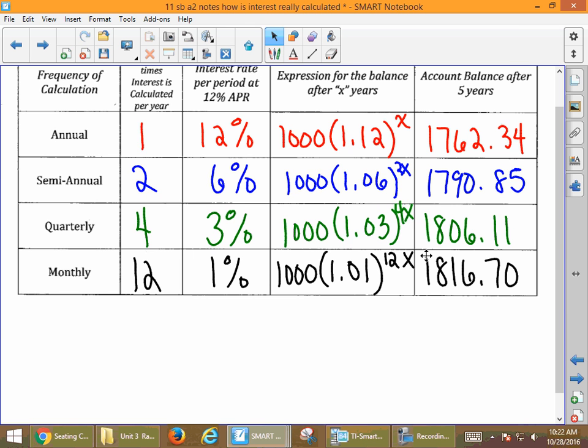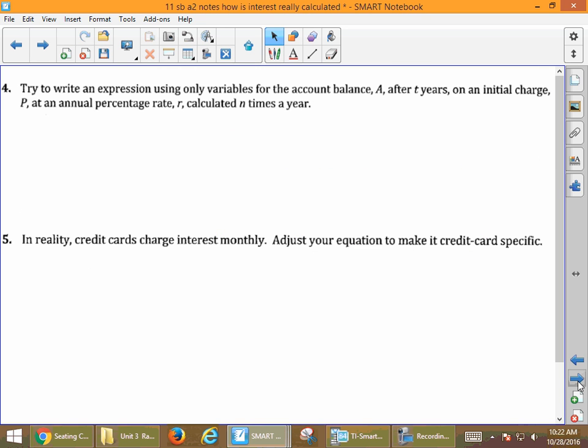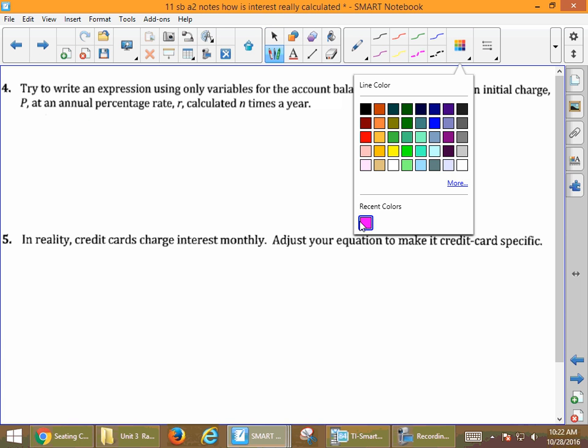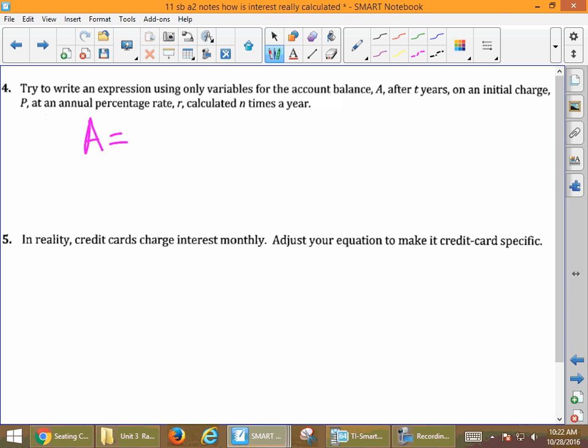So can we come up with a generic formula here after looking at these four? It says try to write the expression using only variables for the account balance A. So our account balance A is going to be, well, we start with whatever we're going to owe.